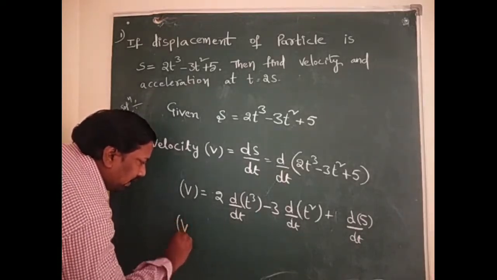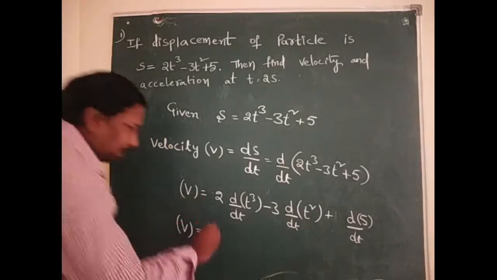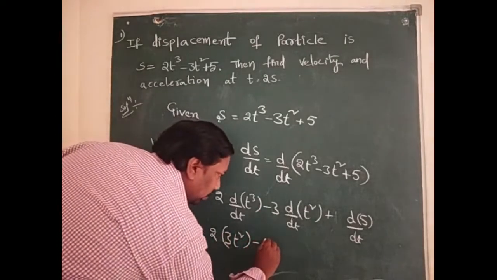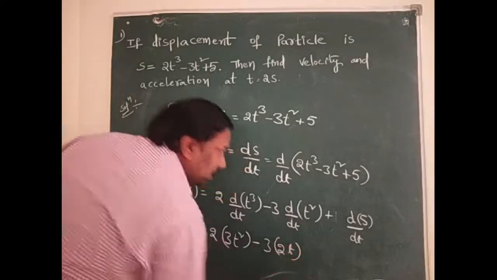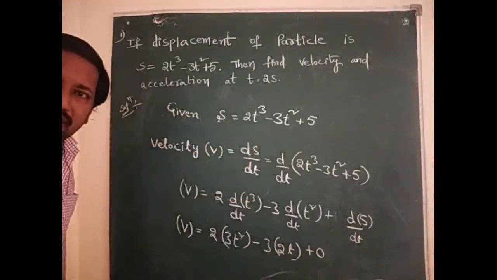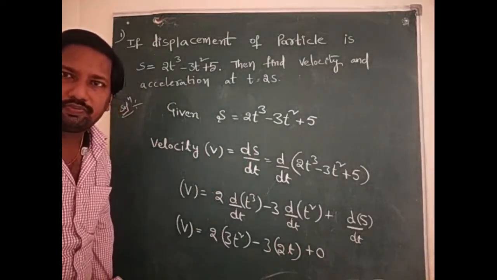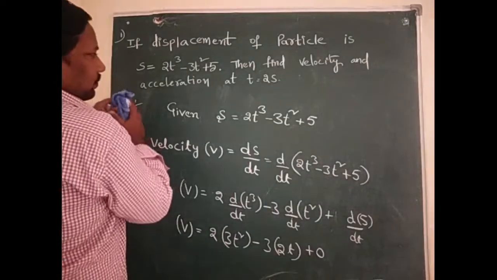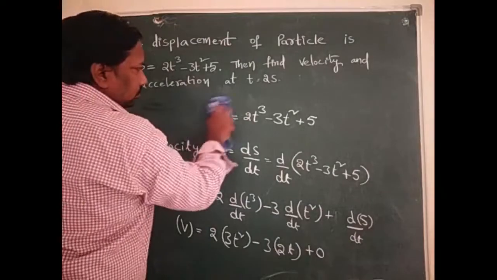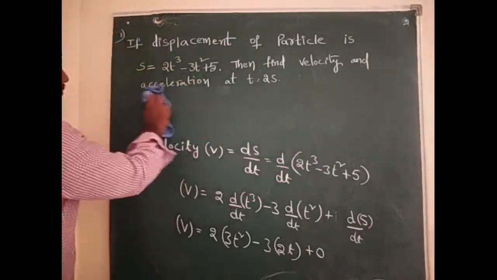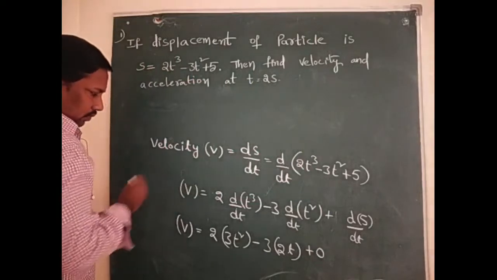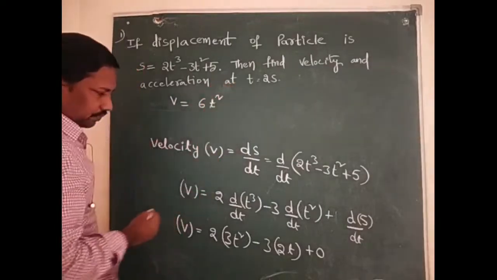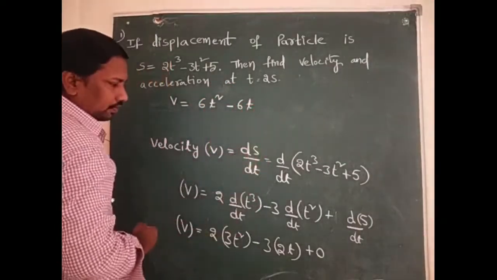Therefore v equals 2 into 3t square minus 3 into 2t plus 0, since d by dt of a constant is equal to 0. So v equals 6t square minus 6t plus 0.